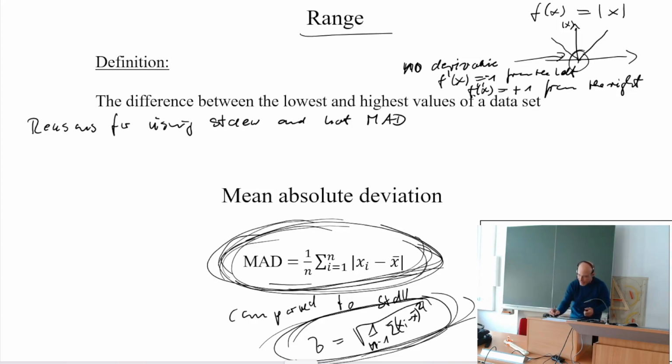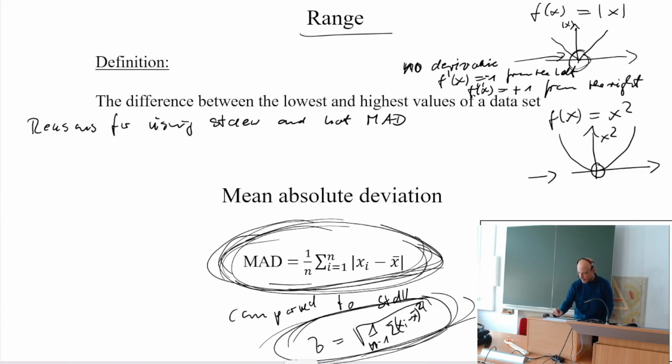And then I cannot do the analysis in a theoretical way with this function. Well, and if I take f of x is x squared, squared distances, then I have this nice property that f prime of x is 2x. And then I can set f prime equal to 0, and I can calculate my optimum, my minimum or maximum.